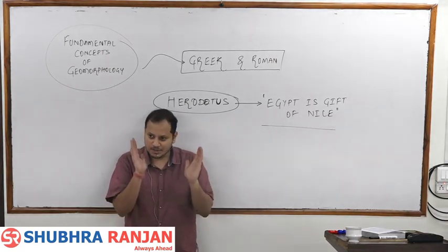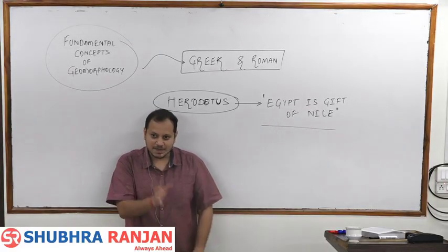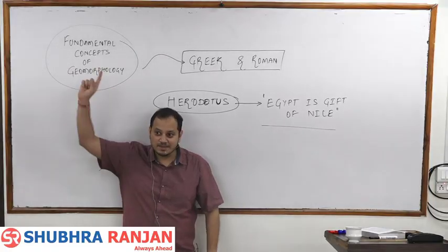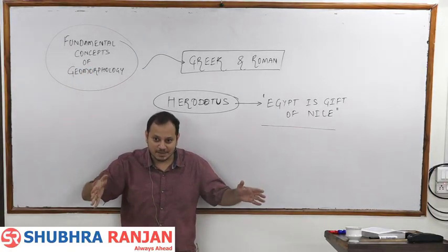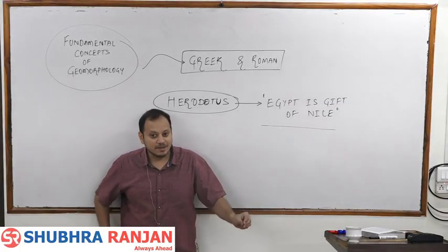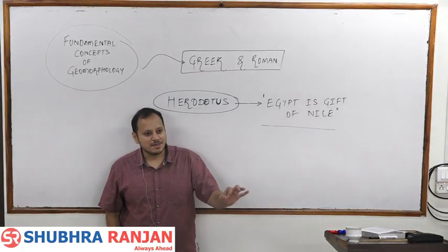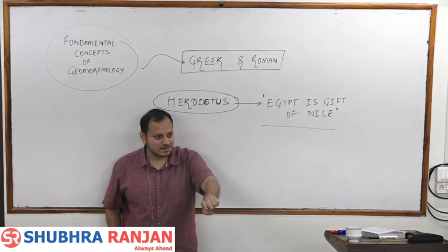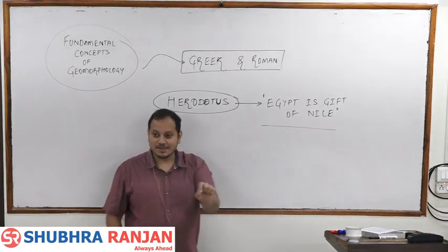He's talking about a location, areal differentiation, locational analysis of Egypt, and he's talking about geological phenomena in which the Nile somewhere is breaking the rocks and depositing a large amount of sediments in the country known as Egypt, and because of the sediments, agriculture is possible. Egypt is a gift of Nile means Nile is bringing mud and depositing it near Egypt, and because of that mud or soil, agriculture is possible.